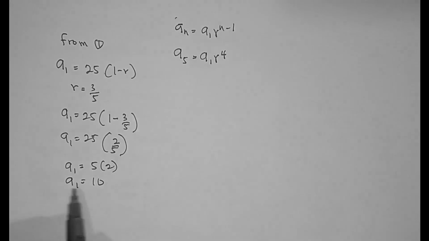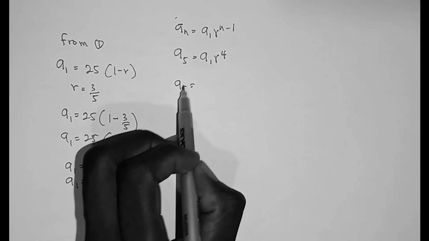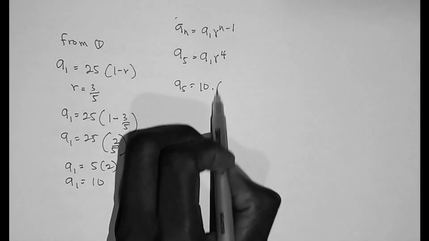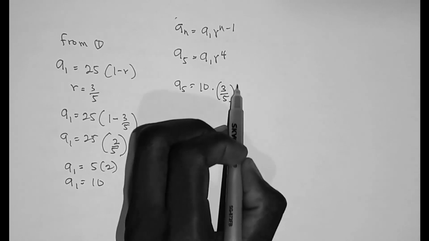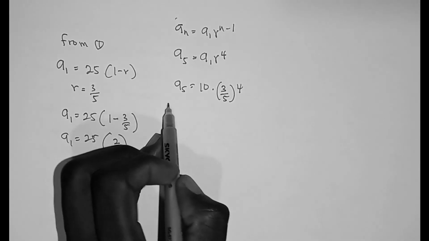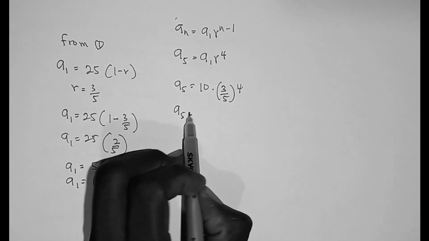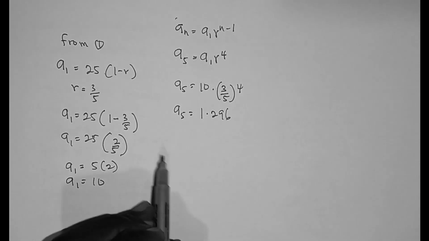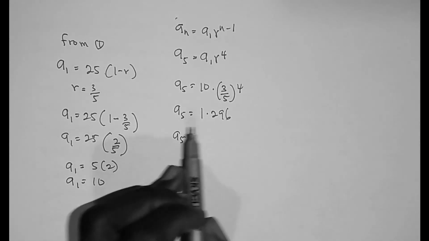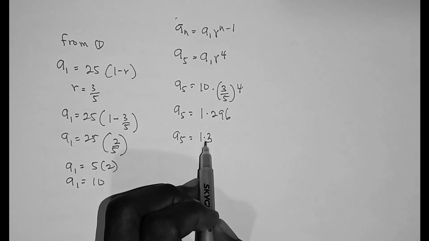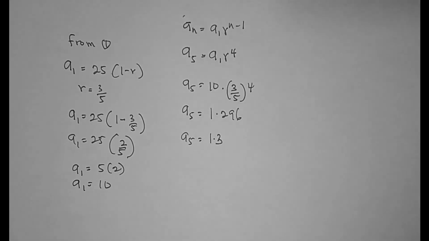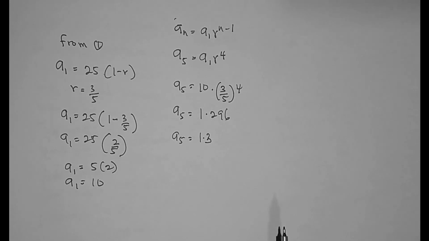So we can substitute the values. a5 equals a1, which is 10, times the common ratio, which is 3/5, exponent 4. And then a5 is equal to 1.296. So a5 is approximately 1.3 to 1 decimal place. Then the last part of the question is to find the sum of the first 4 terms.